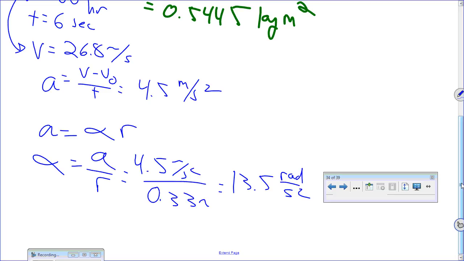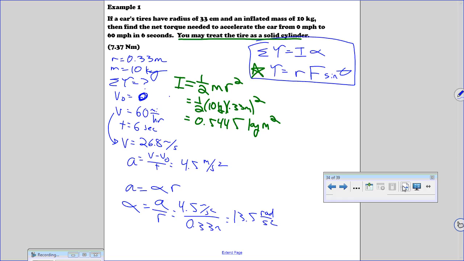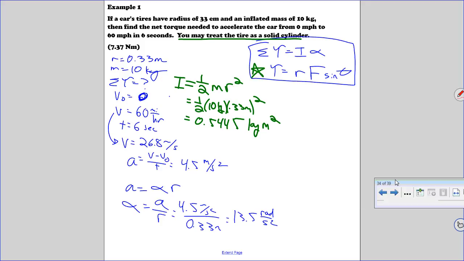Cool. So this is the rate at which we want the wheels to accelerate angularly. This is their rotational inertia. So the net torque is just the product of those two things. If you multiply these two, you get the torque. So net torque is I alpha.